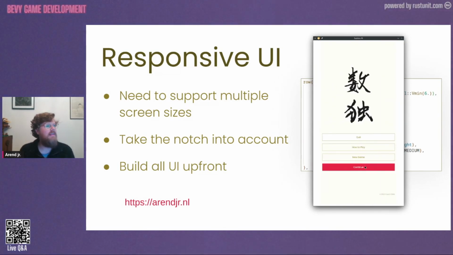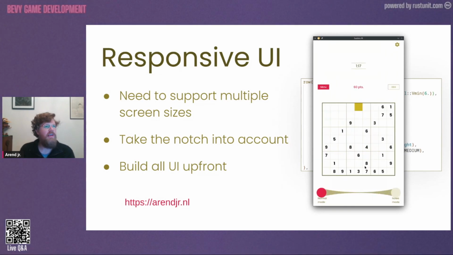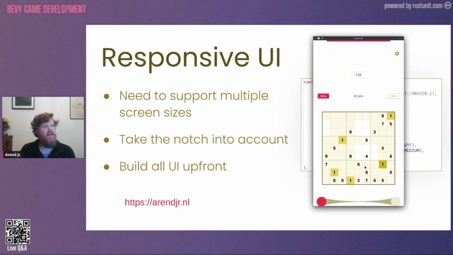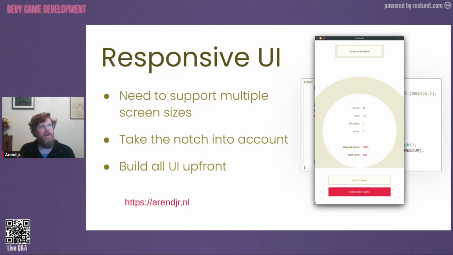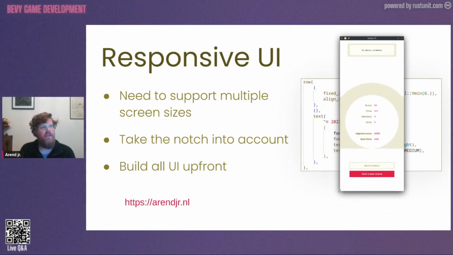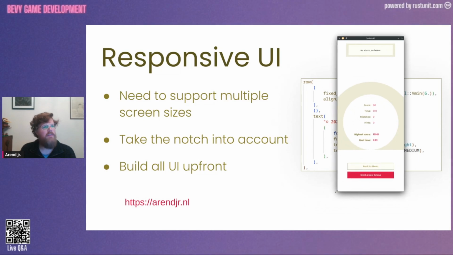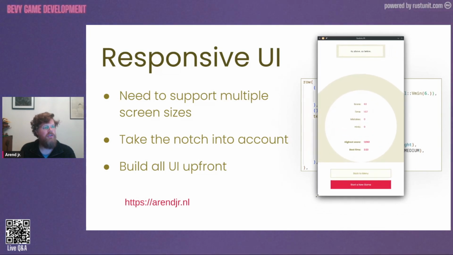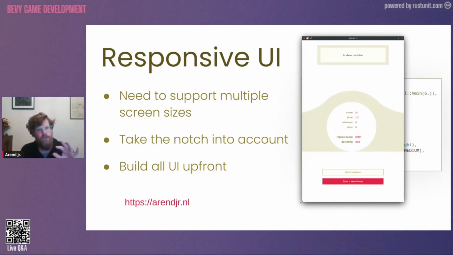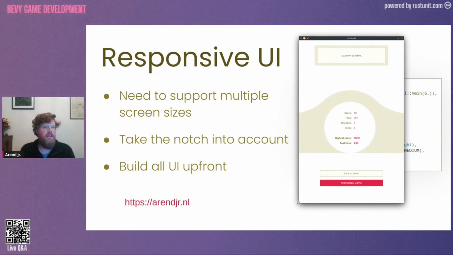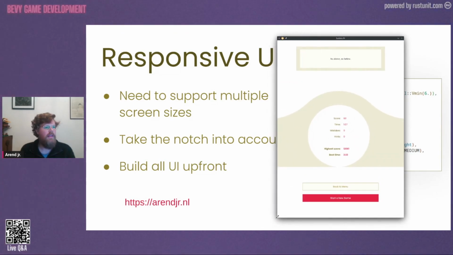Another thing, like I said, is that we have these multiple screen sizes, and the high score screen is a great example of that. If you run this just on iOS, I think you will get a ratio that is more or less like this. But if you run it on iPad, you'll get a much wider version. And at some point, there's even a responsive cutoff here. We replace the picture with a wider version, and we can scale like that.